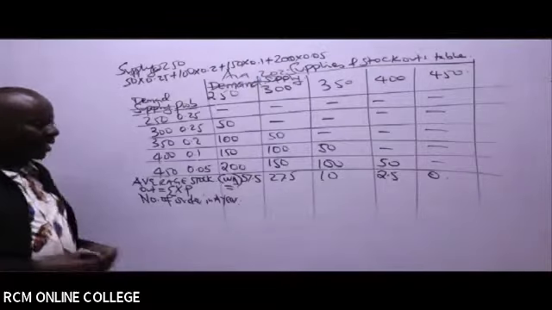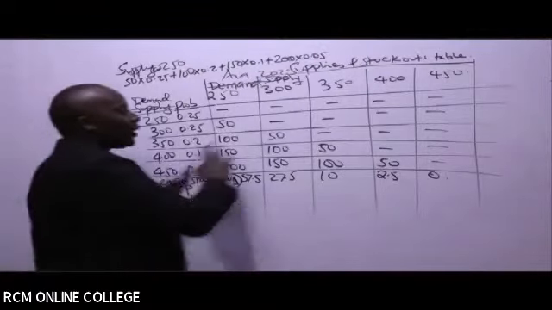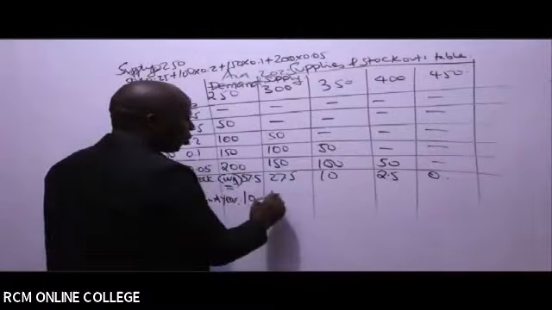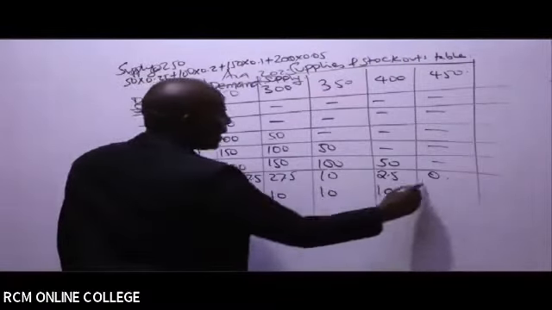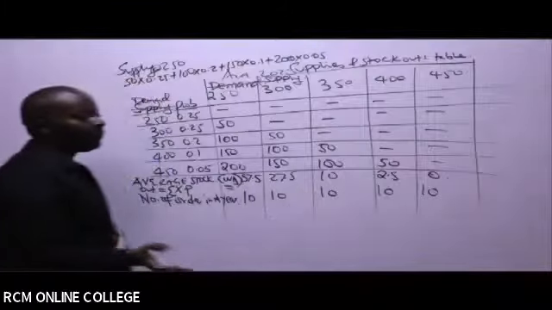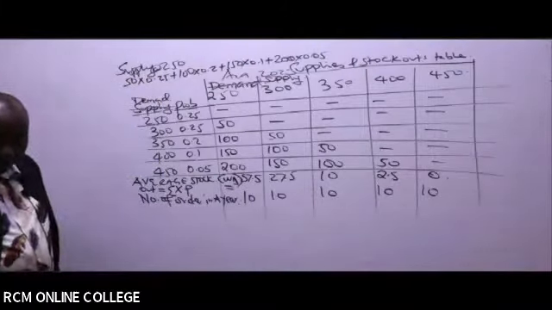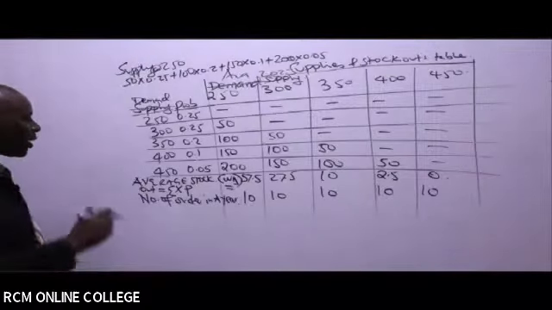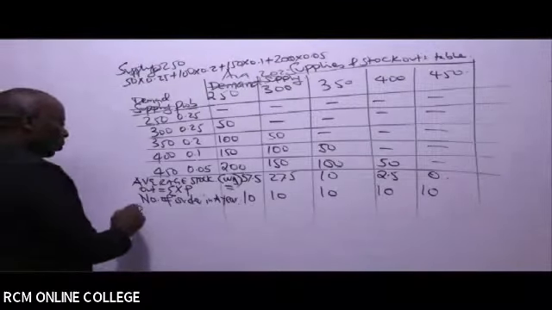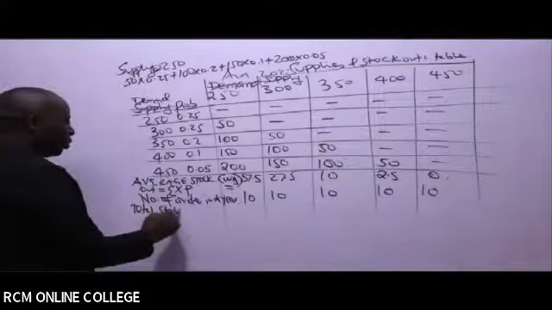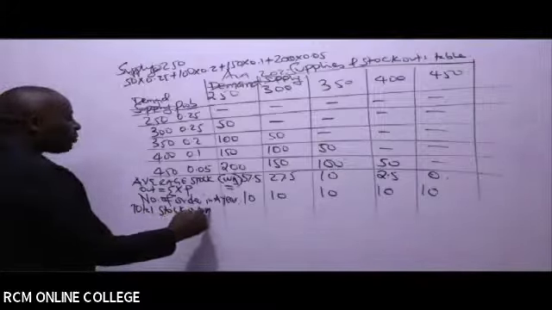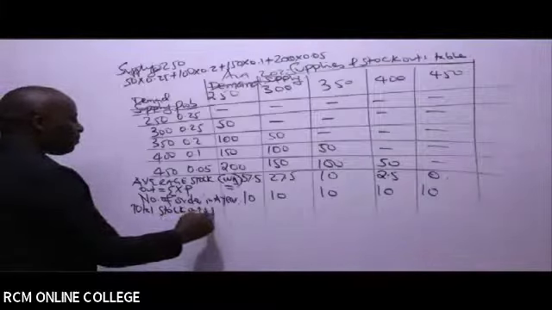Margaret tells me it is 10. And this cuts across, regardless of the supplies. So then go ahead and give me the total stock out per annum.